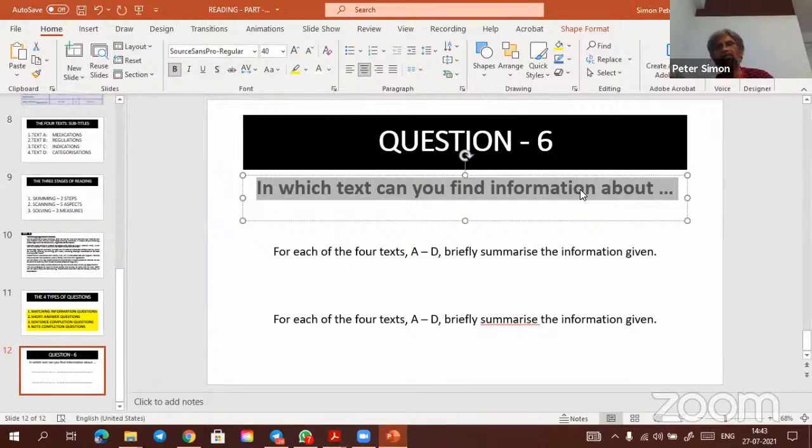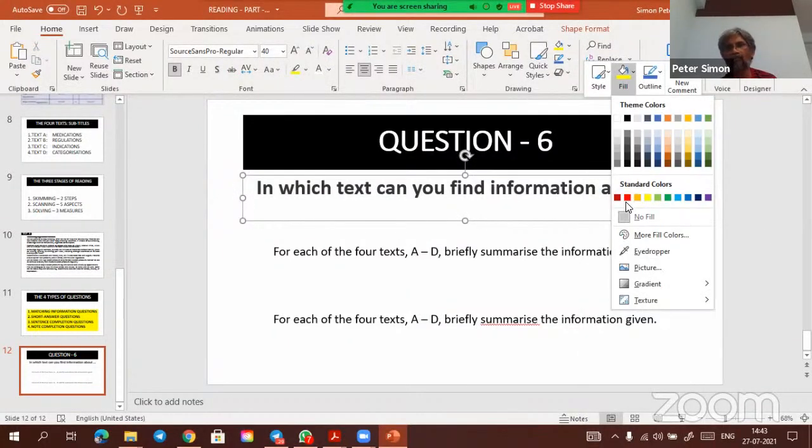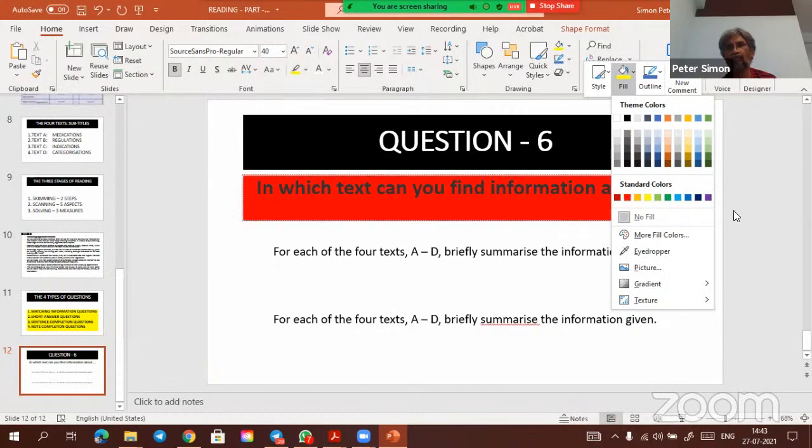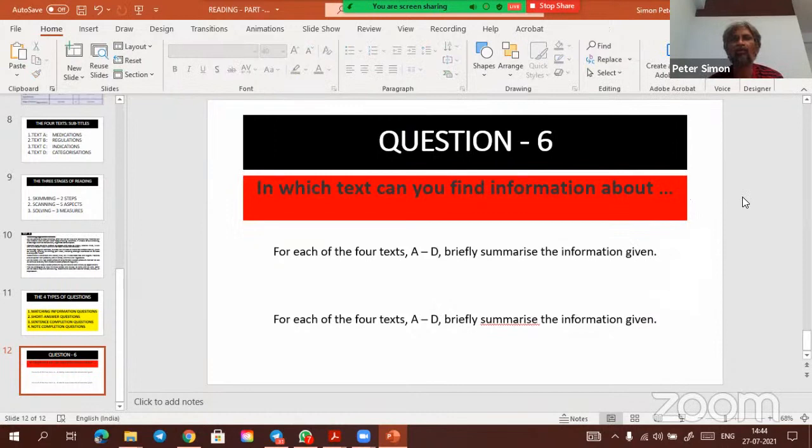It's not complete. It's continuation. Remember that. So he's asking you there. So that means this is the question. That means red. In which text can you find information about? That is the question. Finished.